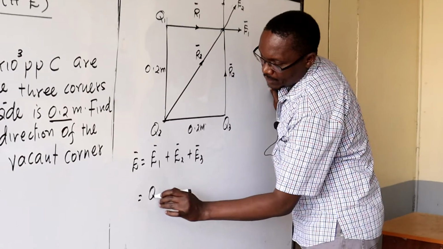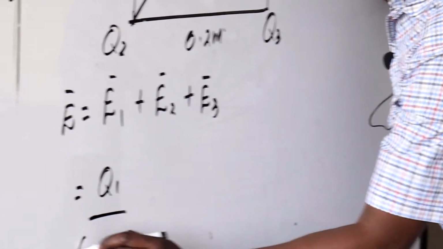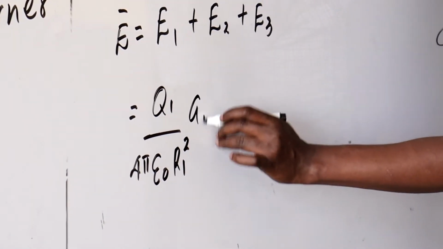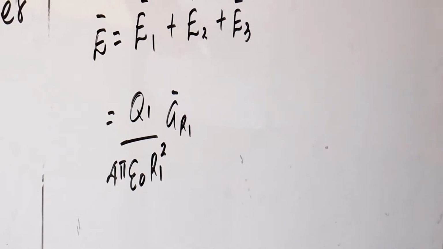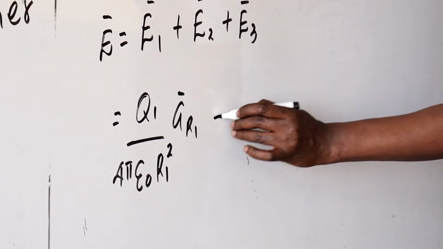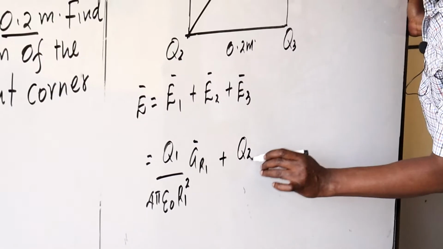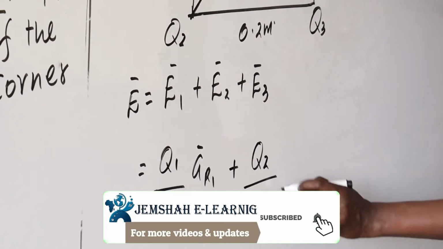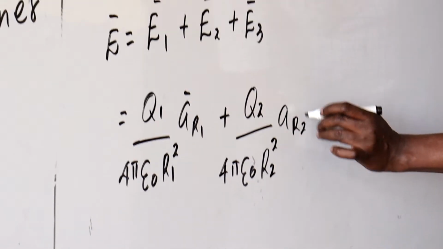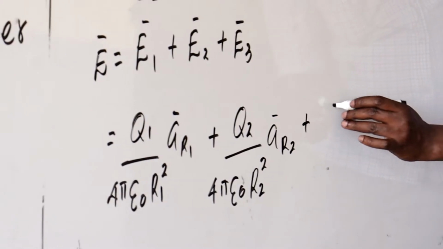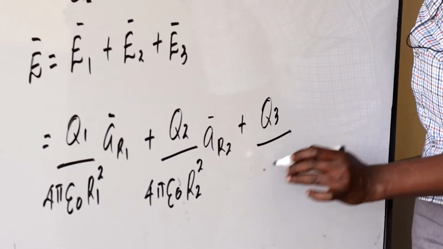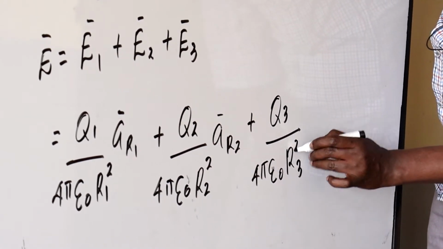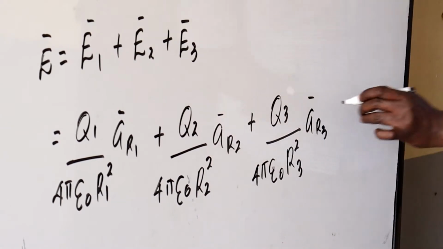So say that this will be given as E1, which is the same as Q1 all over 4 pi epsilon naught R1 squared A R1 bar, plus Q2 all over 4 pi epsilon naught R2 squared A R2 bar, plus Q3 all over 4 pi epsilon naught R3 squared A R3 bar.